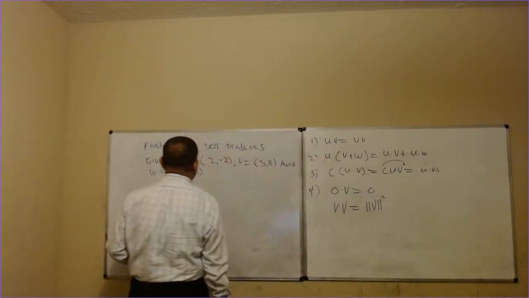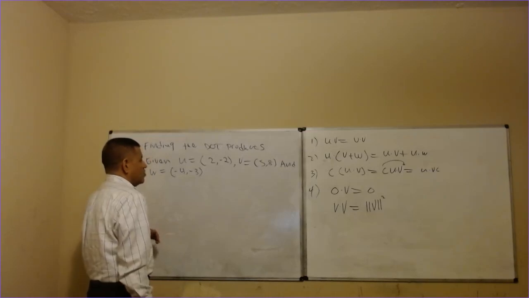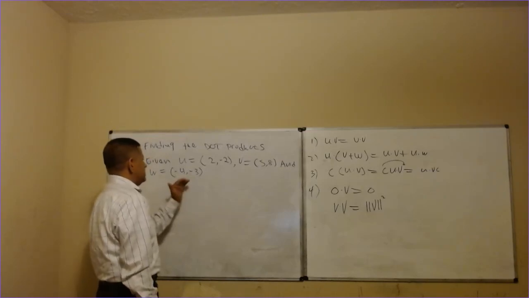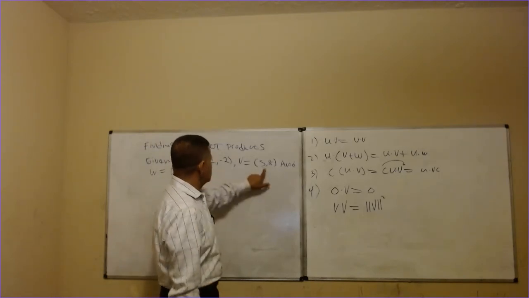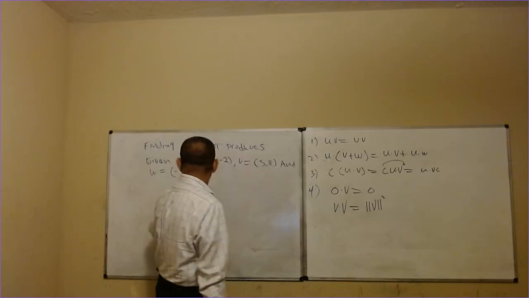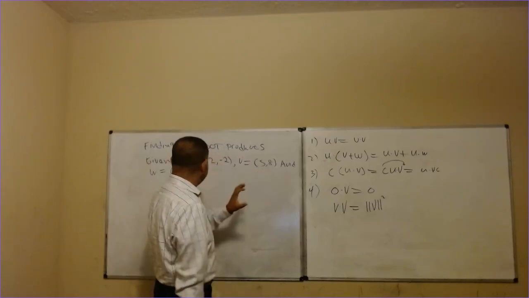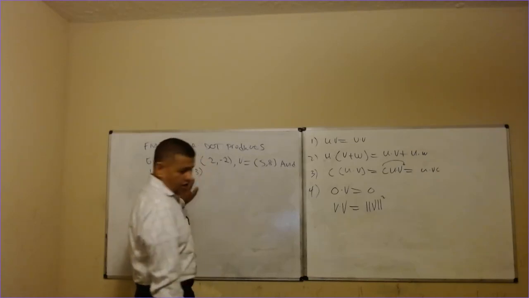I guess fair enough to say that we will dot this product, this times this plus this times this, and then that product dotted with w, right?